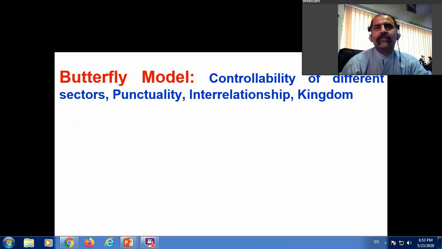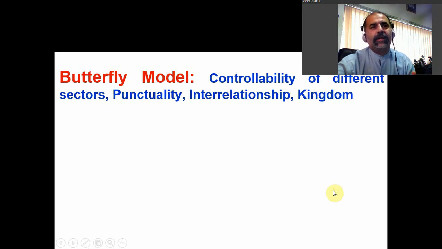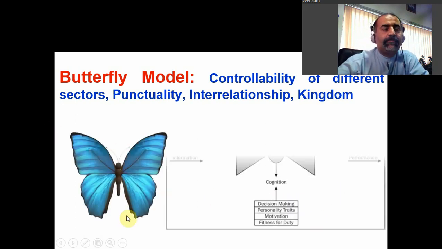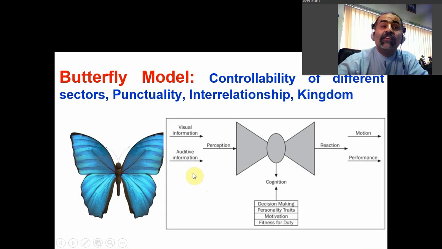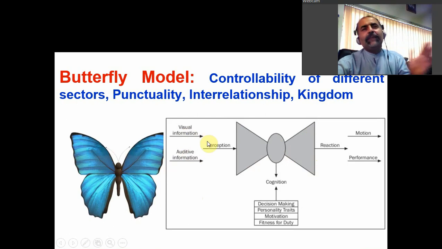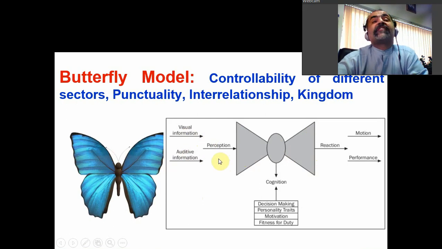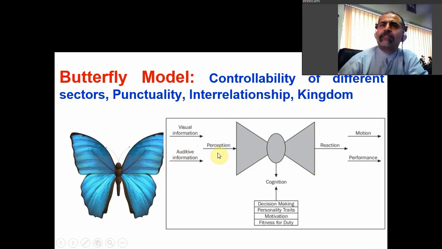Here it has been mimicked in a butterfly shape that you can see here. You can simply see this butterfly. But what is the concept of this butterfly? It is the shape of a butterfly, but see, on the left-hand side you will see perception. What are perceptions?